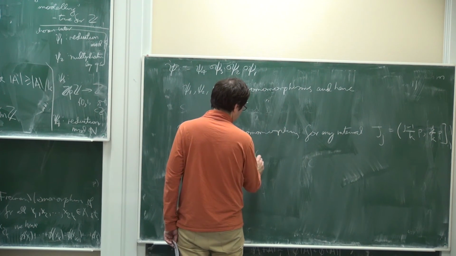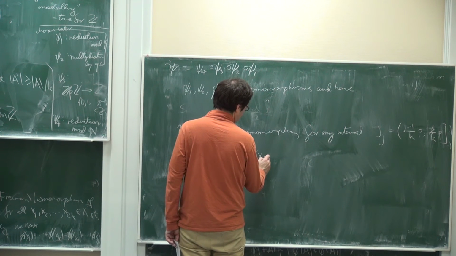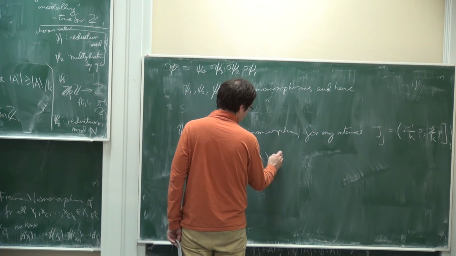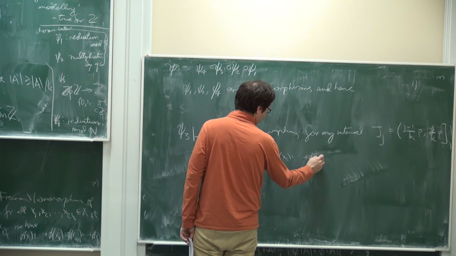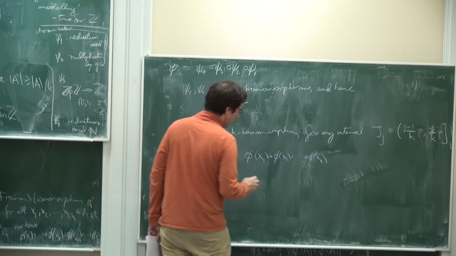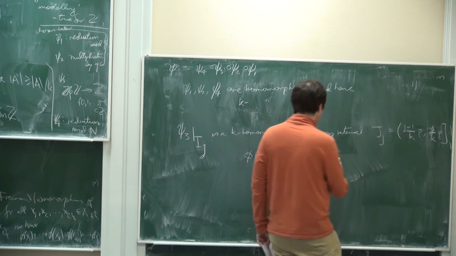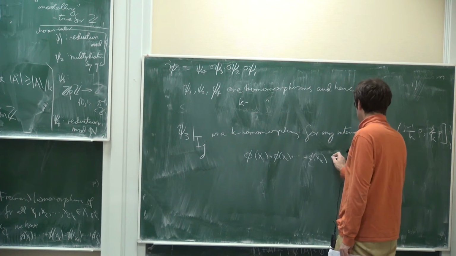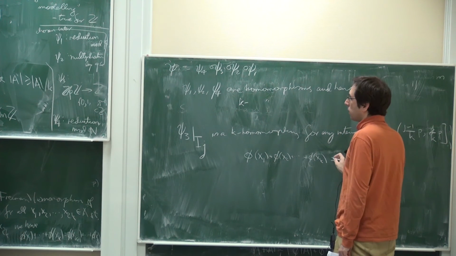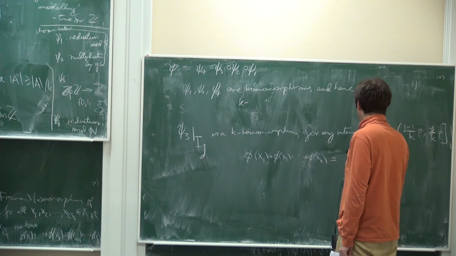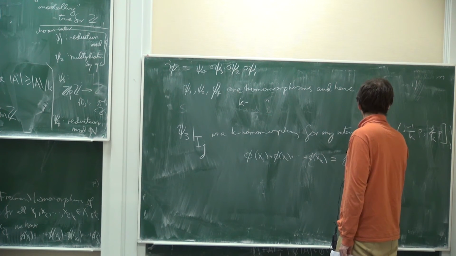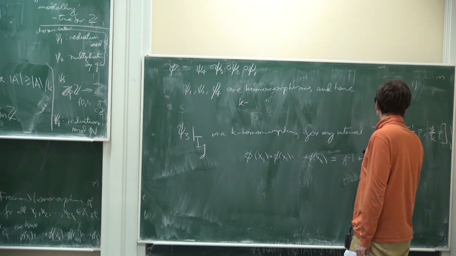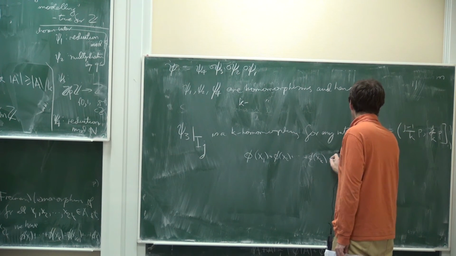phi of x1 plus... so this will always be something of this form. So it will live in Z. So this will always be basically j minus 1 plus... so it will always be contained.